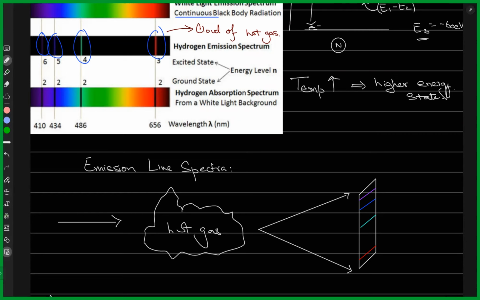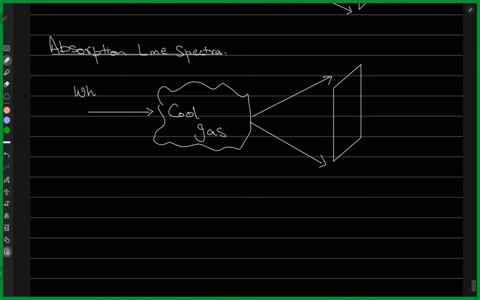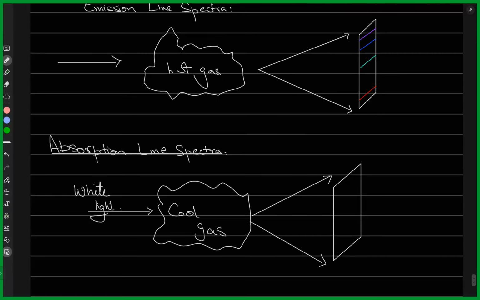So what happens is, this is white light. When you're throwing a white light through a cloud of cold gas, the photons that have energies equal to the energy gap between the two levels are absorbed by an electron, as they jump from a lower energy state to a higher energy state. Again, let's come back to this energy level diagram.